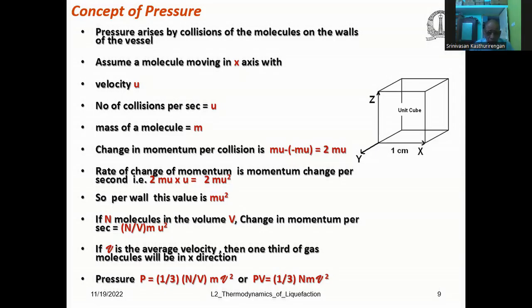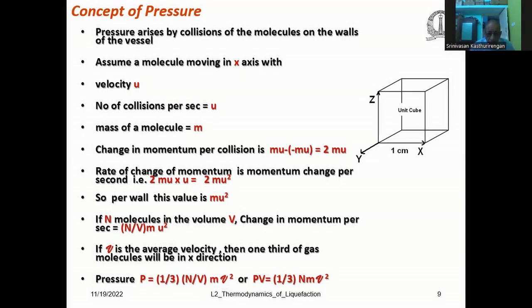Now, we made an assumption that there is only one molecule in the system. It's not true. There are N molecules present in a particular volume V. So the number of molecules per unit volume will be N by V, and the change in momentum per second becomes N by V into mu square.